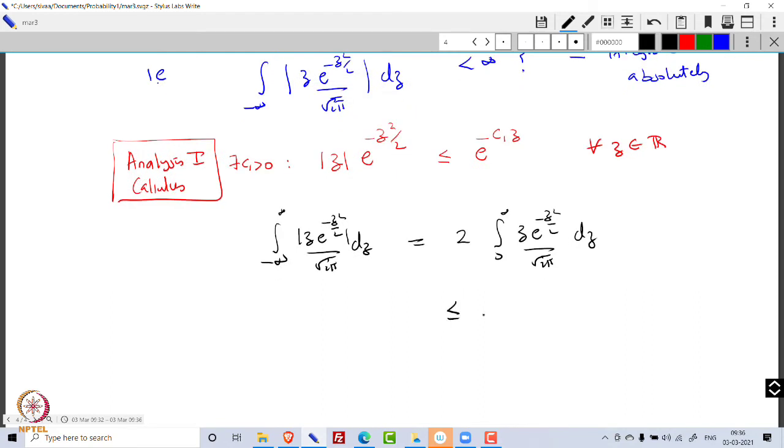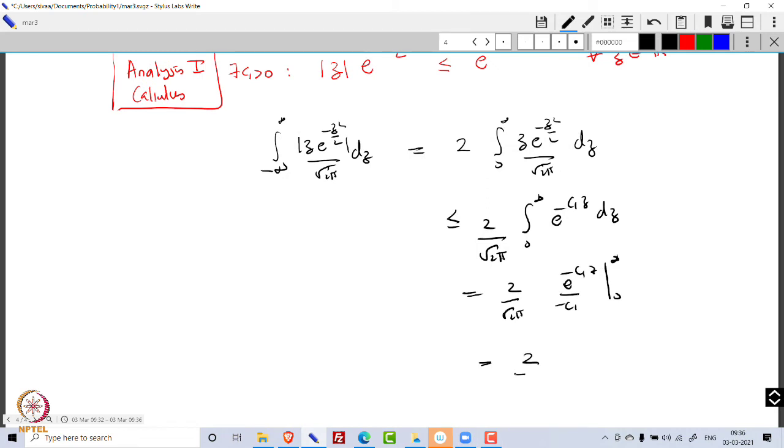That equals 2 over root 2 pi times e to the minus C1 Z over minus C1, from 0 to infinity, and that's just 2 over root 2 pi into 1 over C1 minus 0. So that's fine. The integral does converge absolutely.